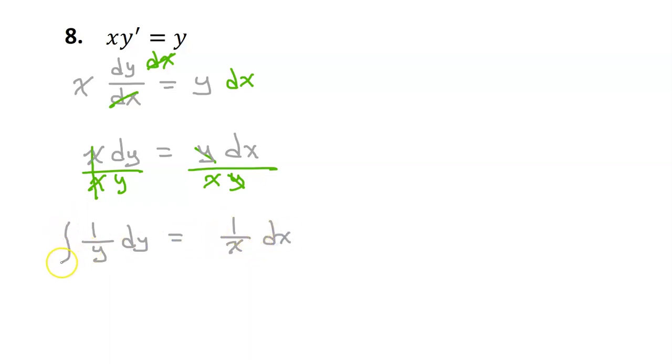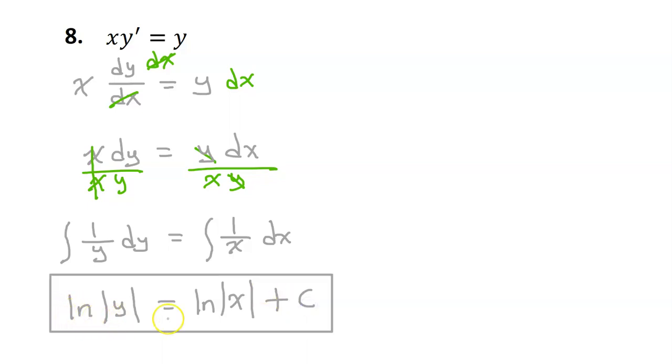If I now integrate both sides of the equation, I remember that this is a memorized rule. This will be the natural log of the absolute value of y. And this will similarly be the natural log of the absolute value of x plus c.